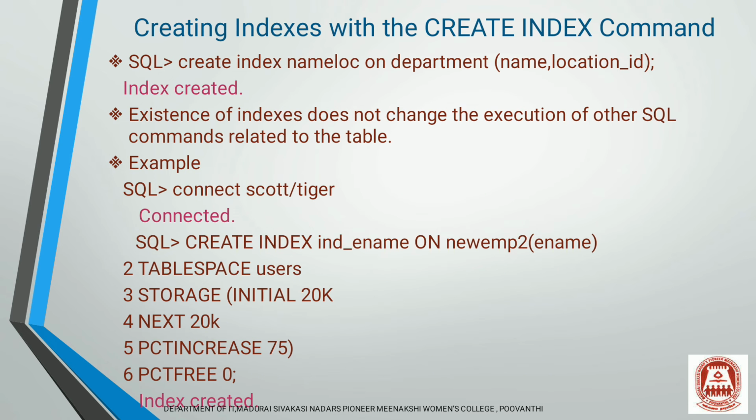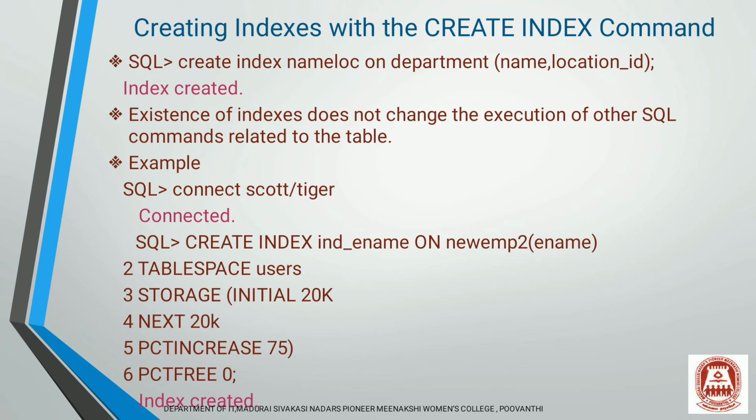So the next index is create index, index name on department. I am going to represent two columns. I am going to create a composite index, that is name comma location id are the columns I am going to represent here. Now the index is created.